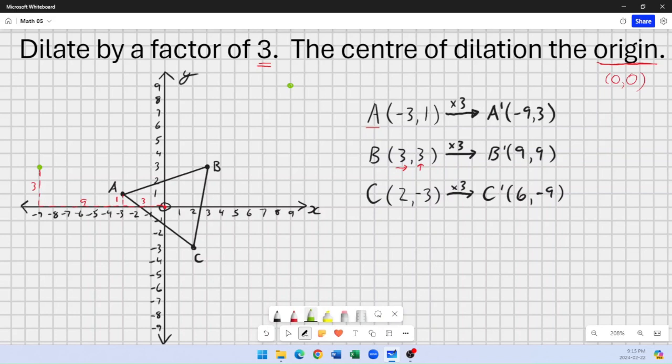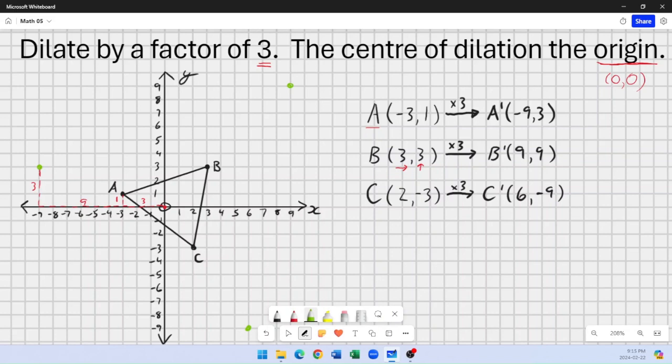Then 6, -9 will be my other one. So 6, -9 is going to be way down here, right next to my dialog box. There we go.